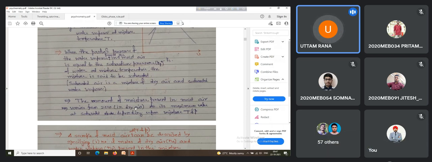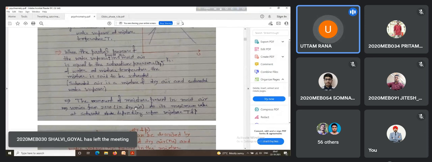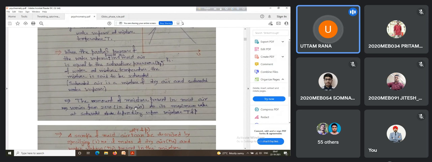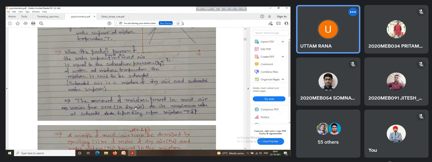Then if you allow water vapor to mix with the air, what is the maximum amount it can absorb? It can absorb up to the saturation point. Beyond that, even if you add water vapor, it will be precipitated. That will not be absorbed. So its maximum moisture carrying capacity corresponds to the point where its vapor pressure is equal to the saturation pressure corresponding to that temperature.